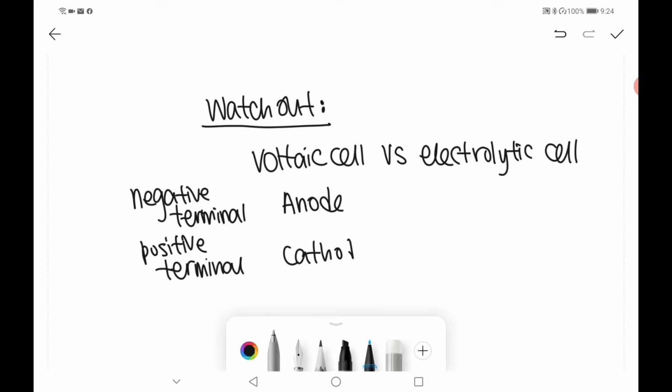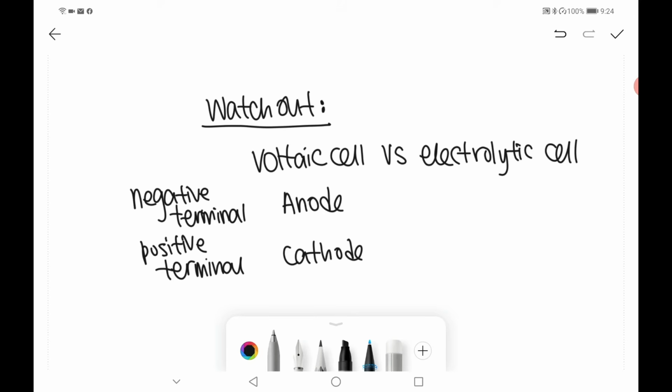This is Voltaic Cell. Electrolytic Cell, everything terbalik. Always remember, electrolytic cell is totally terbalik as Voltaic Cell. Why? Voltaic Cell produces electricity.